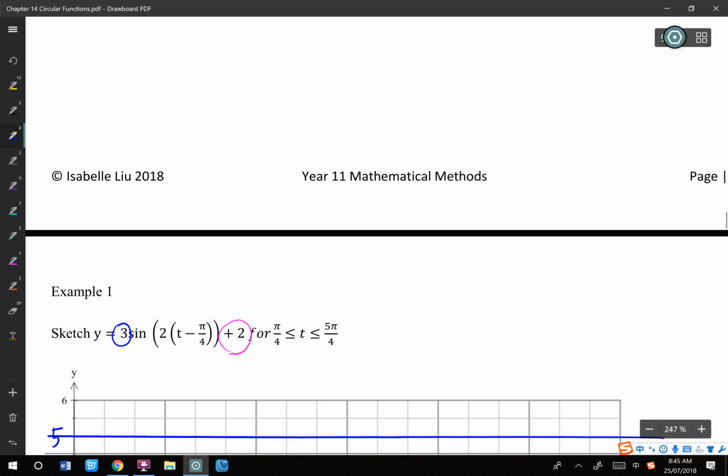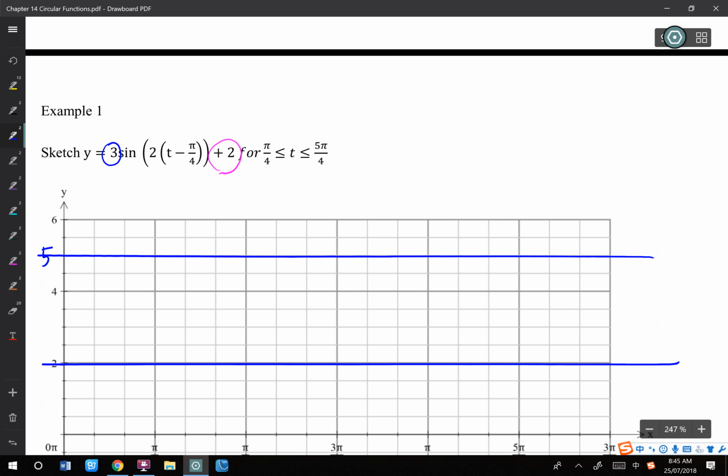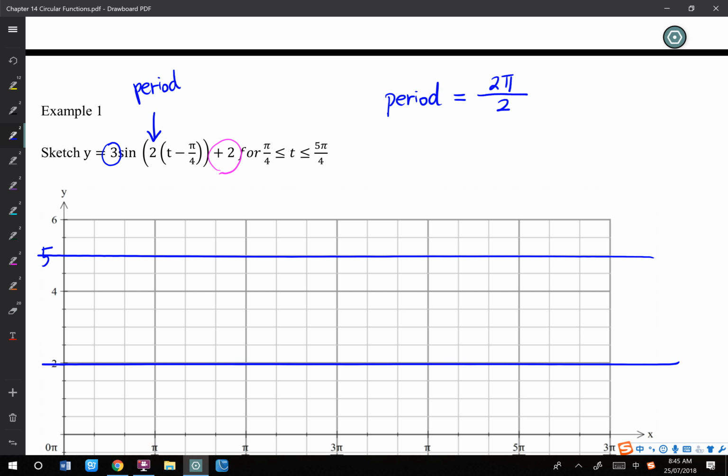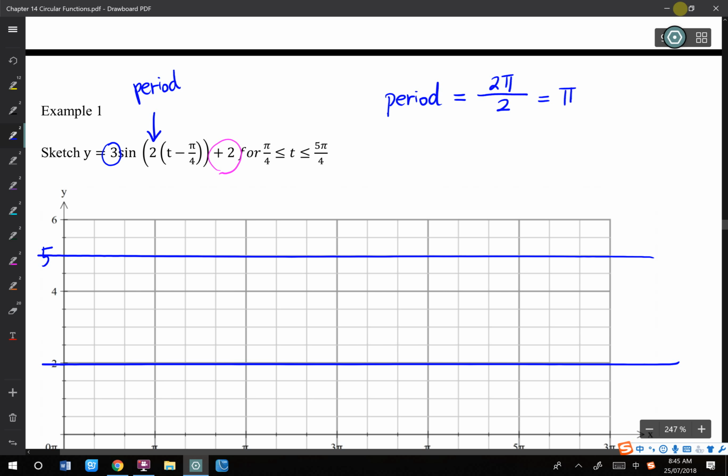So what is my period in this page? Period equals 2 pi divided by 2 because of this. This 2 is affecting the period, which is the coefficient of your variable x or t or anything given in an equation. It's the coefficient of the variable, which is 2 in this case. So my period is pi.